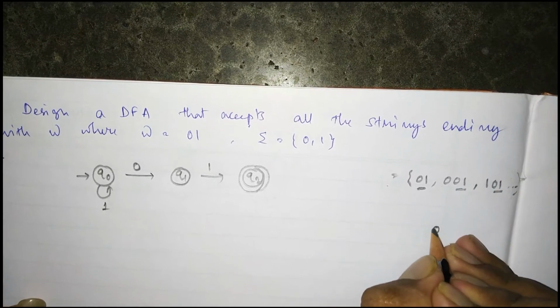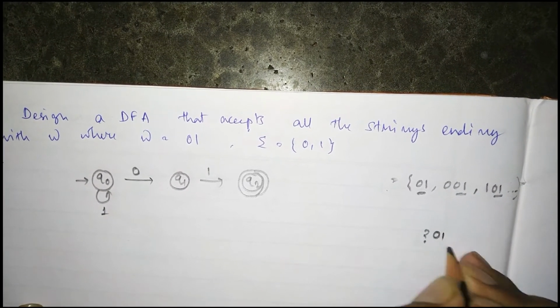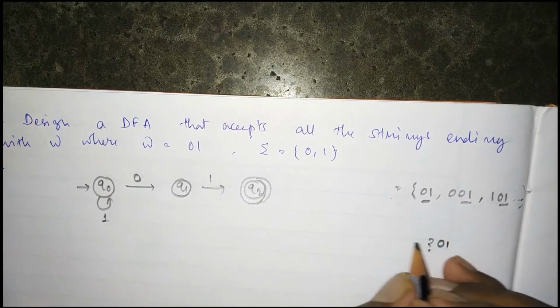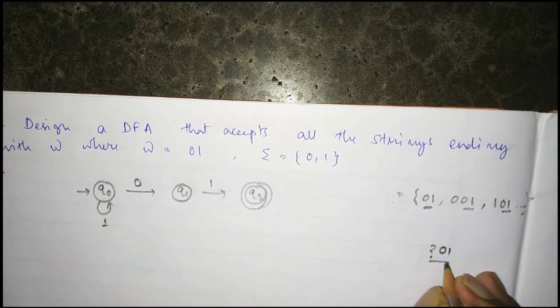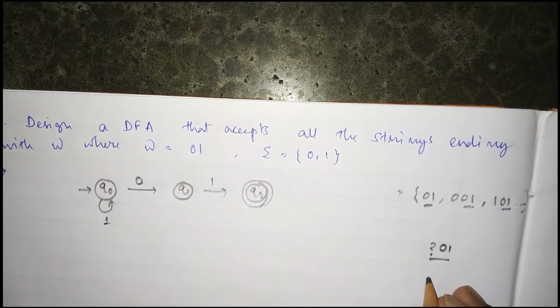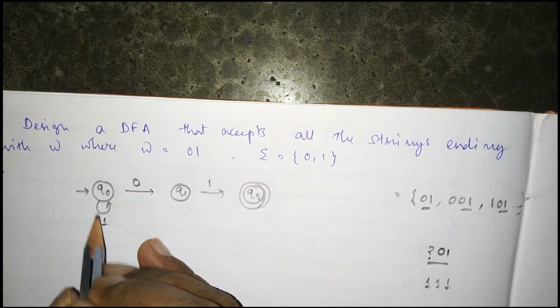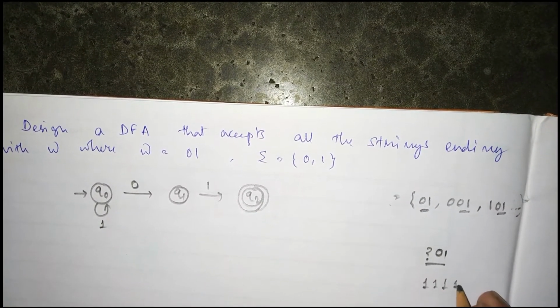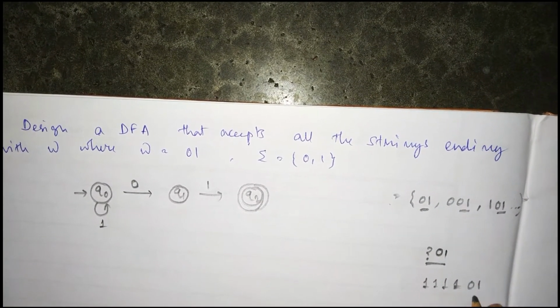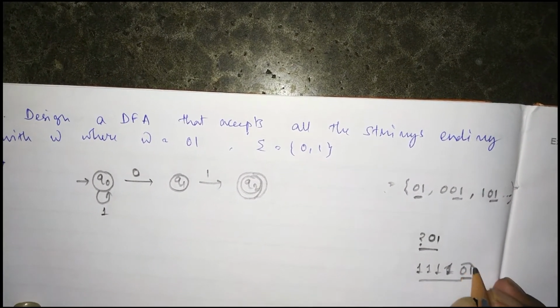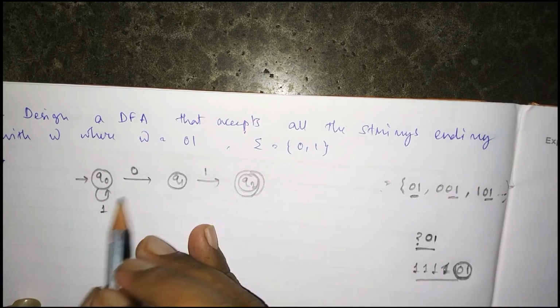This will end with 0 1, so any number of symbols can be present before that. Let's say multiple ones, as I have used a self loop over here, and we have this 0 1 at the ending, so this string will be accepted because this portion is constant. So we can use a self loop over here.